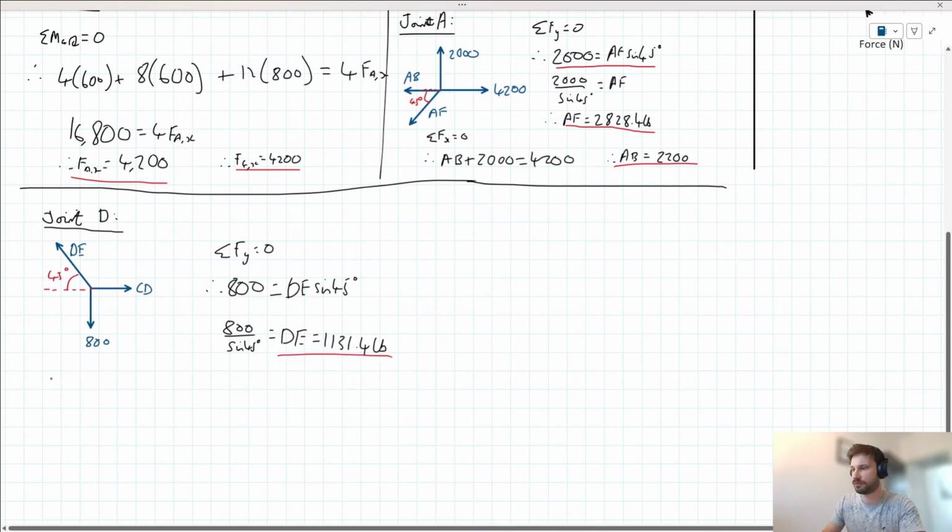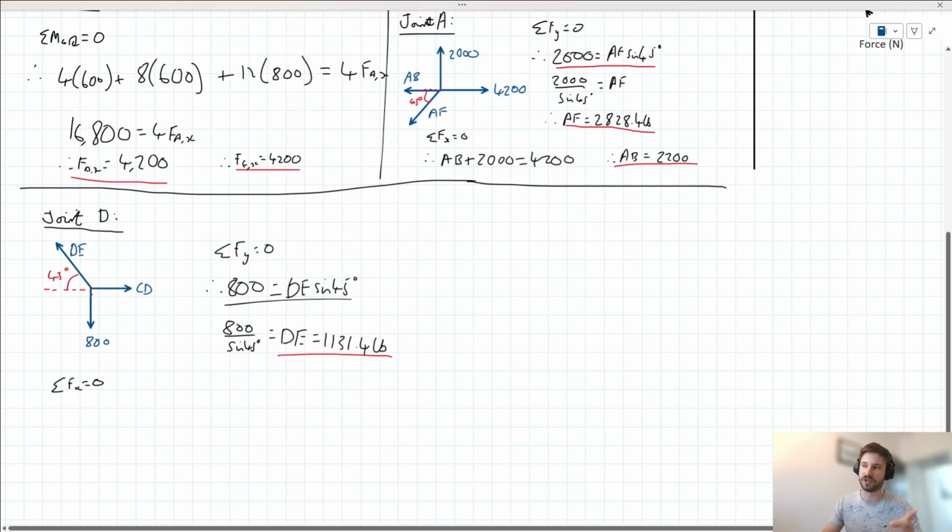Okay, let's go ahead and resolve horizontally to solve for CD here. So things acting to the left are equal to things acting to the right. What do we have acting to the left? Well, we can use the same trick that we employed earlier. We identified that the vertical component of DE is 800.